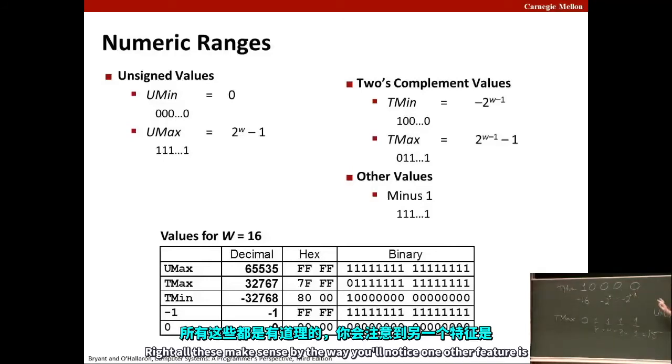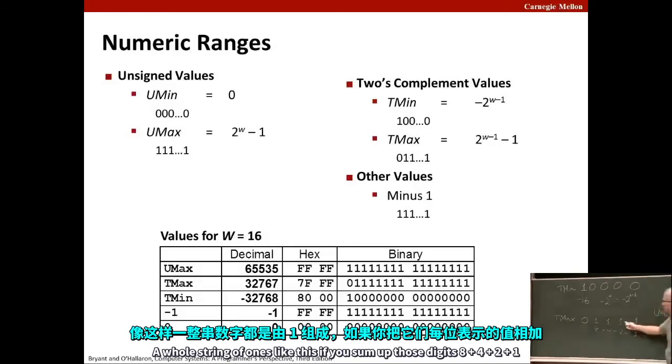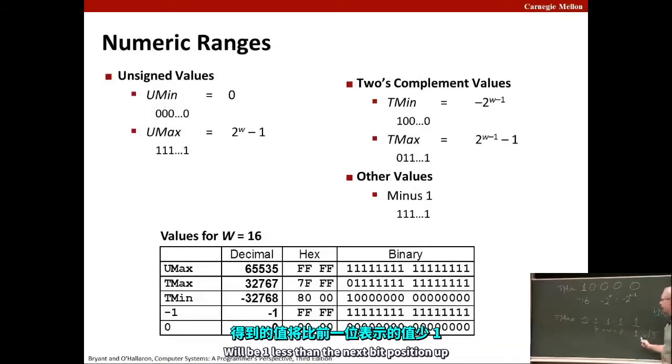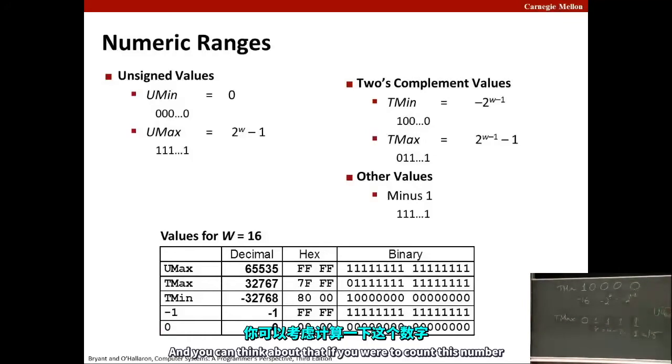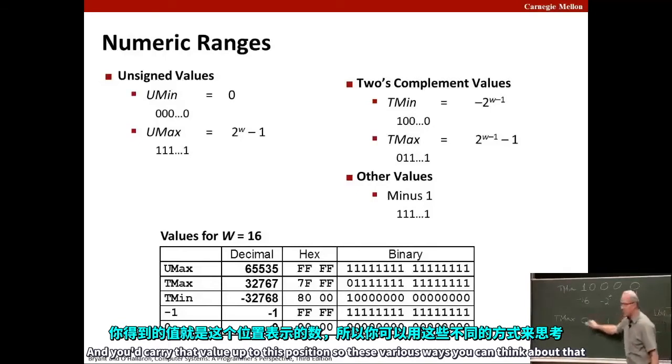Right, and all these make sense. By the way, you'll notice one other feature: a whole string of 1s like this. If you sum up those digits, 8 plus 4 plus 2 plus 1 will be 1 less than the next bit position up. And you can think about that if you were to increment this number by 1, you'd get 1 plus 1 is 0, carry 1, and so forth, and you'd carry that value up to this position.